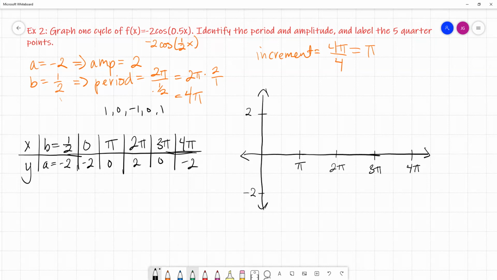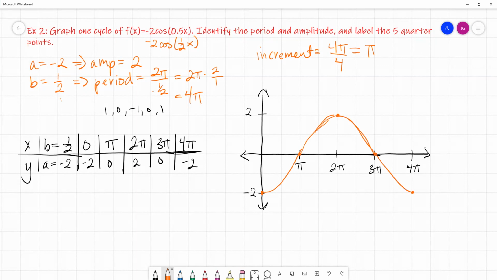Okay, so let's graph it in orange. We have 0, -2, pi, 0, 2 pi, +2, 3 pi, 0, 4 pi, -2. So in orange is our transformed graph. Yikes, I'm having a little bit of a hard time here connecting these dots.